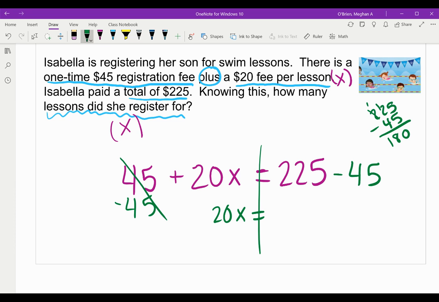Let me see if that makes sense. 25, and 20 more or less. Yeah, 180. And then all I have to think about is 20 times how many lessons equals $180. Divide out the 20, divide out the 20, and x equals, what's 180 divided by 20? That would be 9 lessons.